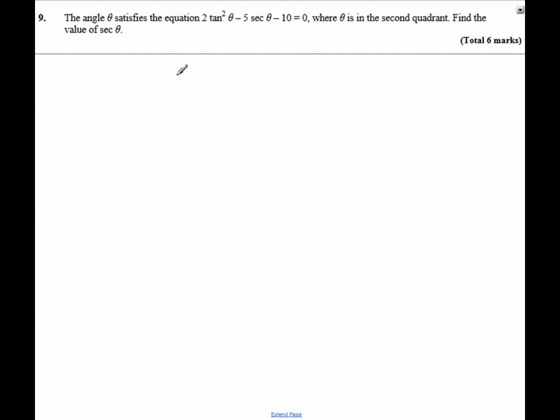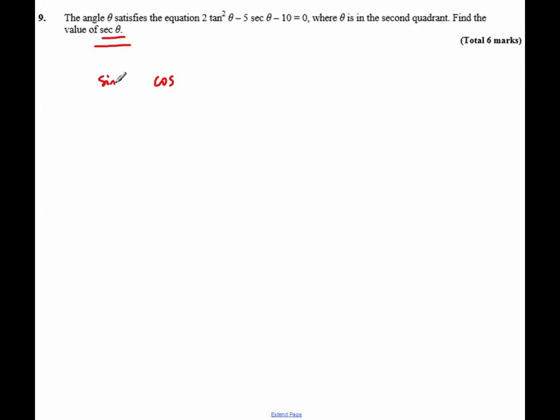An angle satisfies this equation, find the value of sec theta. Now, interestingly, we want to find sec theta. The way we remember the Pythagorean identities is we start off with sine squared theta plus cos squared theta equals 1, and we divide everything by cos squared, because then that gives us an expression for tan and sec.